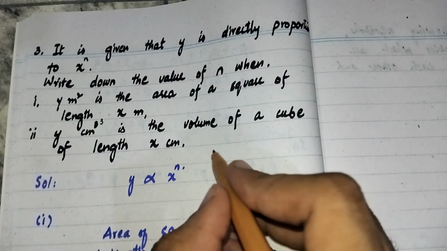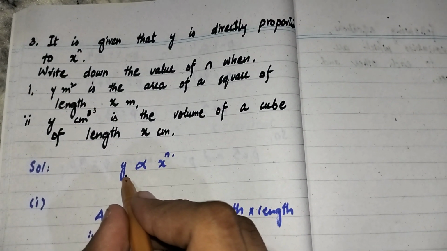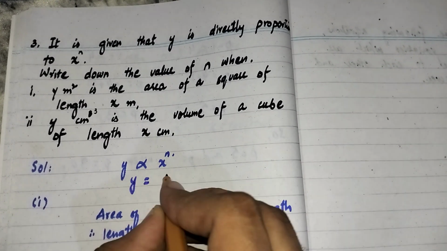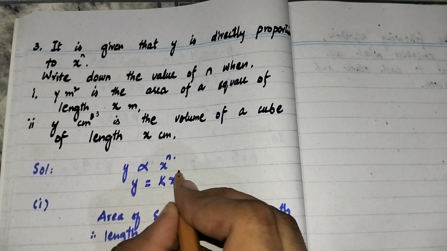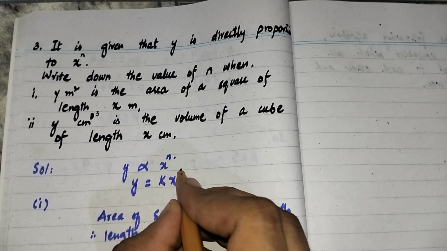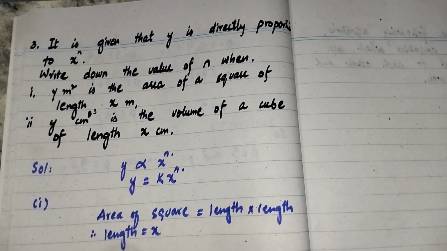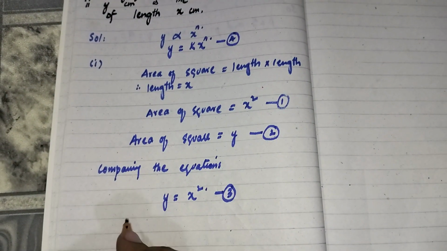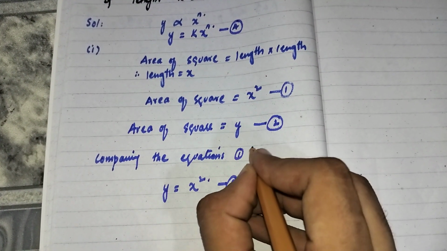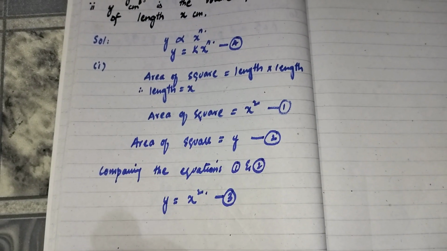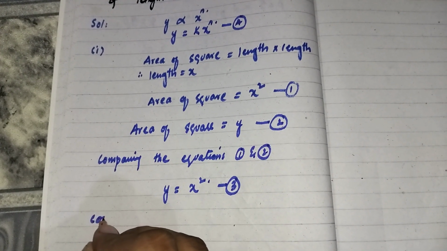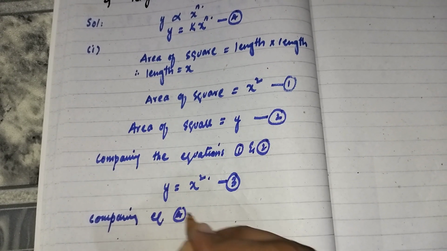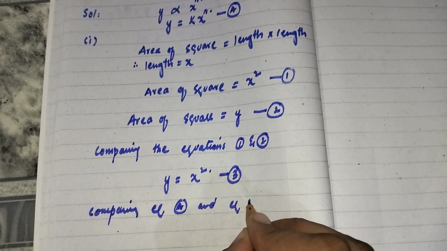Now here we have y. According to the first given information, y is directly proportional to x power n. Then it means that y is equal to k x power n. So this is another equation, equation A. Now comparing equation A and equation 3.